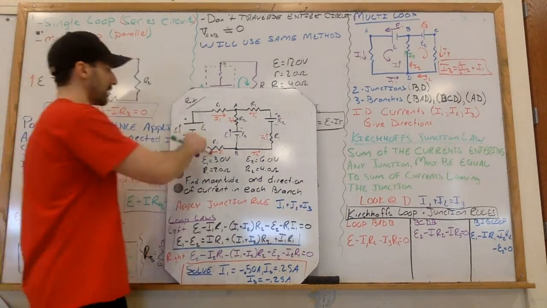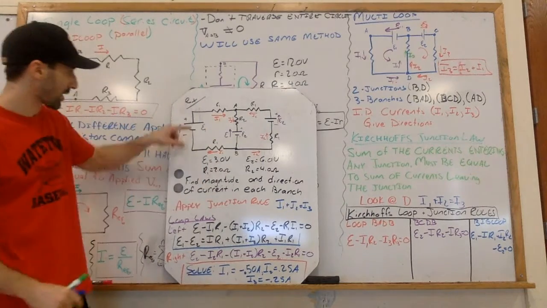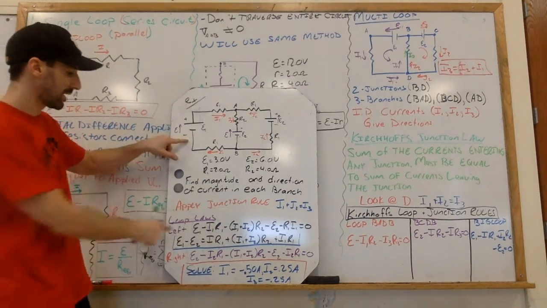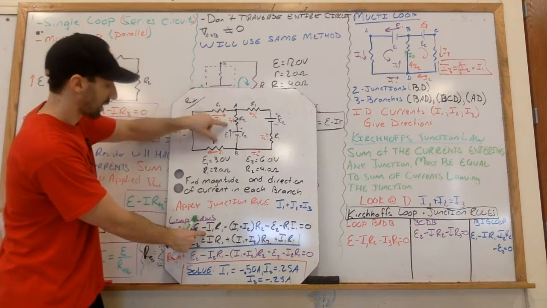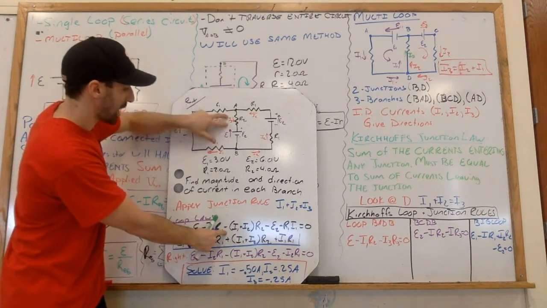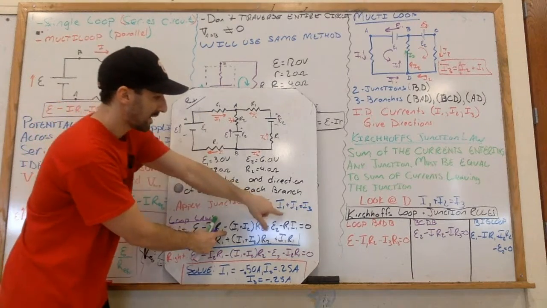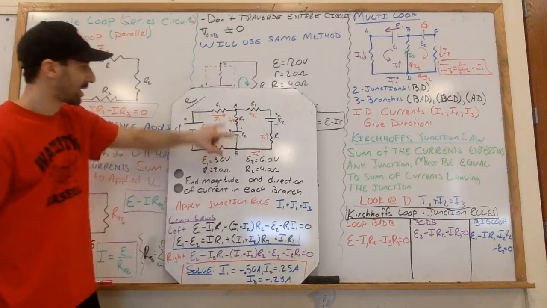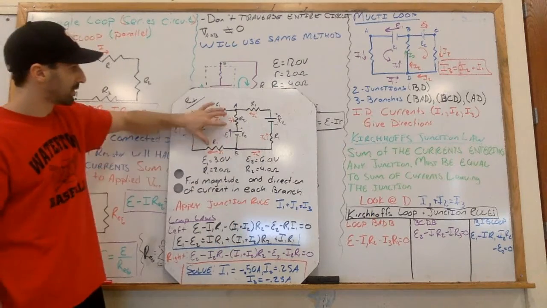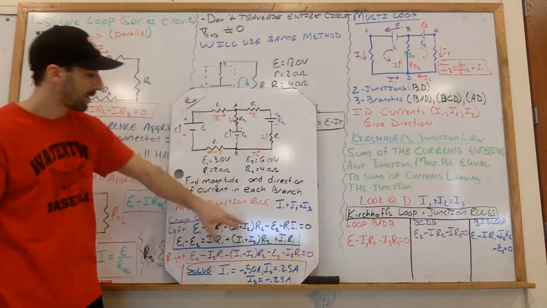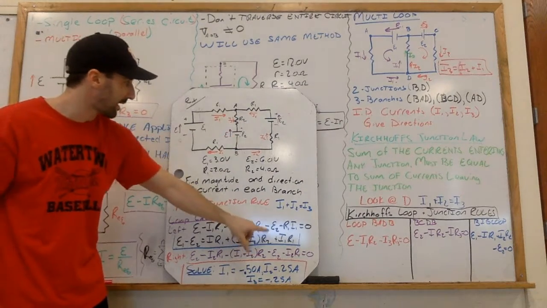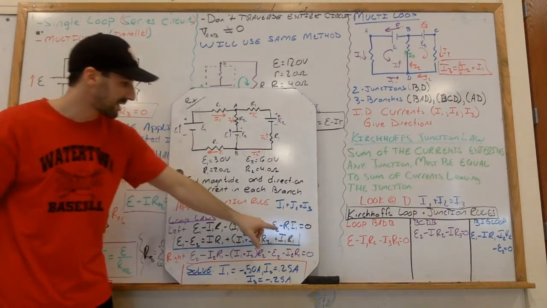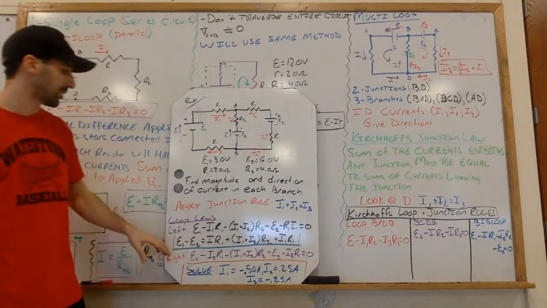This left loop, which is here, I'm starting at my battery. That's just always where I start. My battery 1 minus I1 R1, come down, minus, I know I3 is just I1 plus I2, so I sub that in right away. I1 plus I2 times resistor 2, minus, I'm going the wrong direction, so minus my battery, minus R1 I1 equals 0.